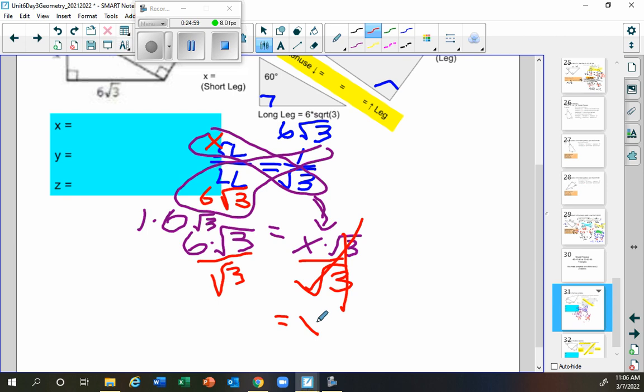So you're just left with x. But what happens to these square root of 3's? They cancel too. So you're just left with what number on this side of the equal sign? 6. So x is going to be 6.